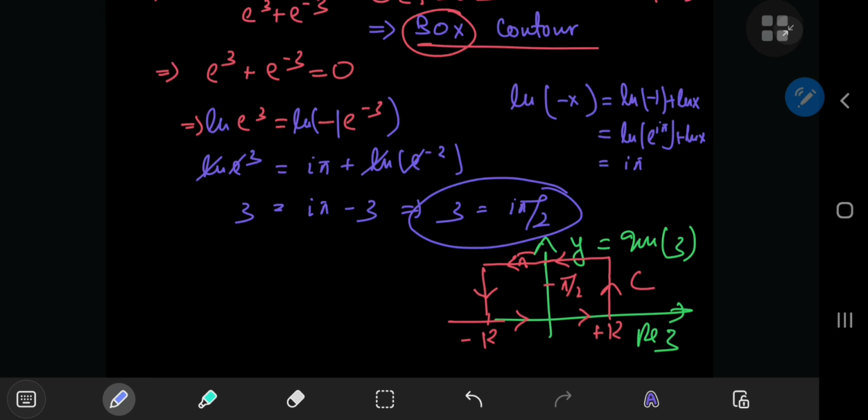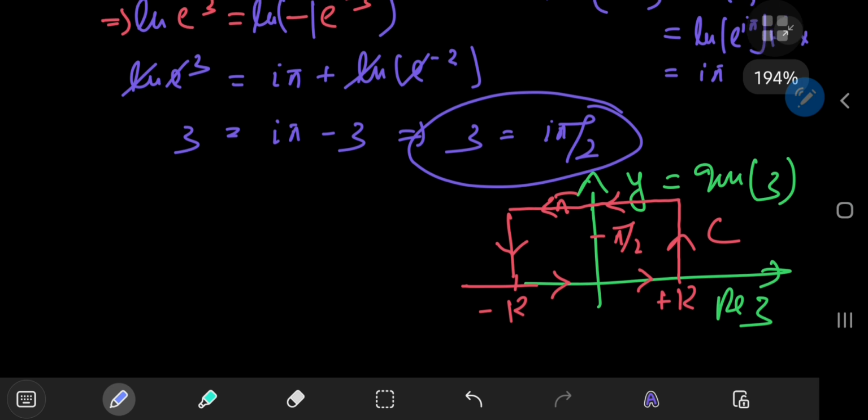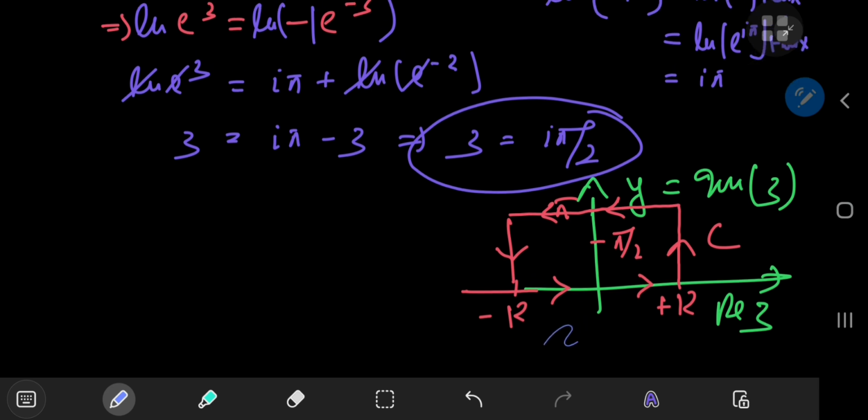Now let me zoom in to give you a better view of our contour. The integral over the closed contour C equals the sum of quite a few integrals.